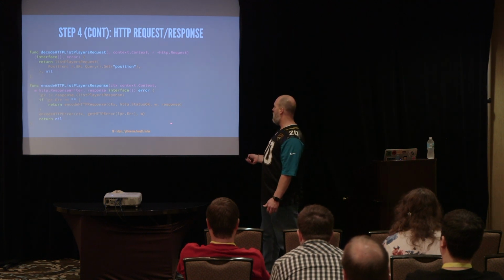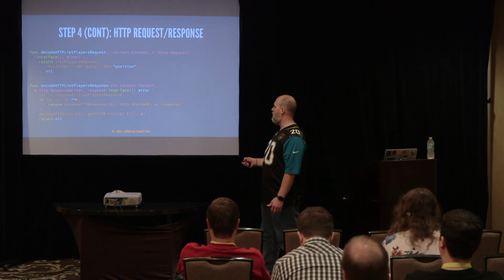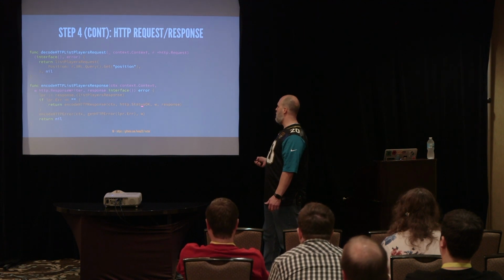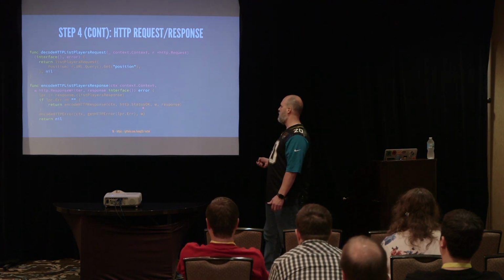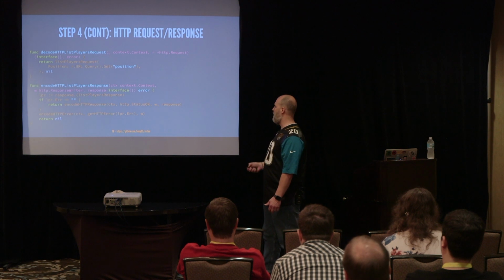And then for our response, we'll get back that list players response that our endpoint gives us. If there's not an error, then we're going to call this function, encode HTTP response. We're going to say we got a 200, HTTP status OK, and we're going to write it to the response writer. Otherwise, we are going to encode an HTTP error and return nil for the error.